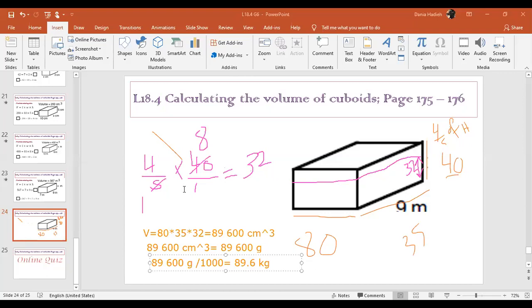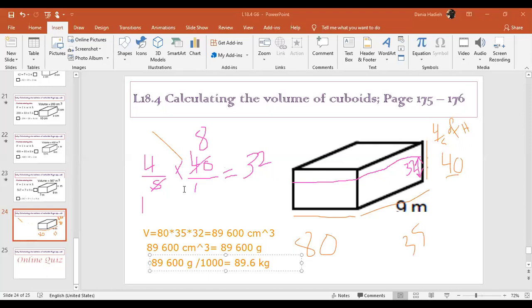Yes, Kareem. Miss, I didn't understand the first one, the volume. What do you mean? When he filled the 4/5 of the tank. I need to find my heights. The height that is written is 40, and this is only if you fill all of the tank, ya Kareem.